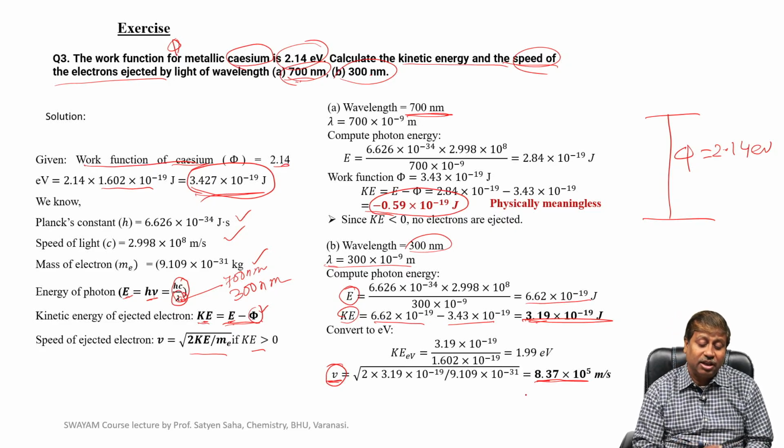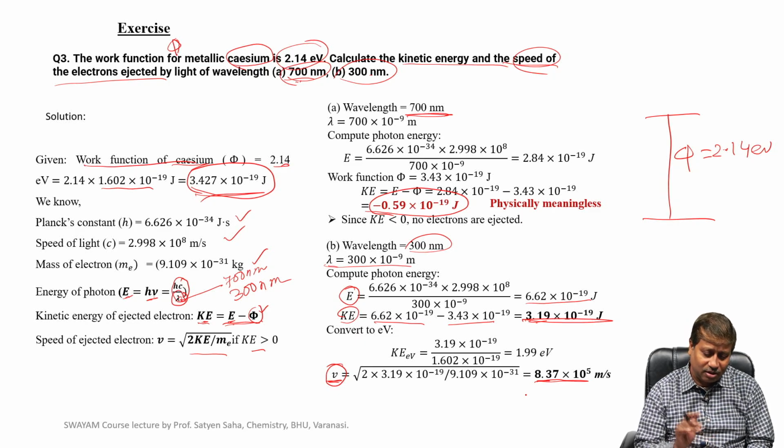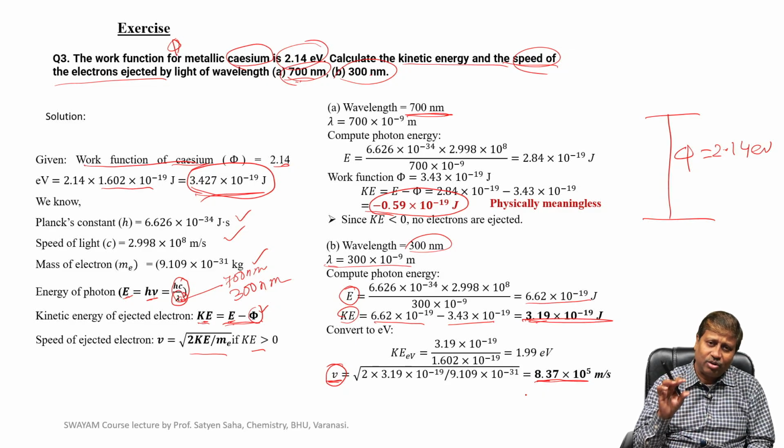So what it says is that Einstein's photoelectric effect is correct if it needs a particular frequency which is more than the threshold of the metal for the ejection of the electron from the metal surface. If it is more than that, then it will eject.